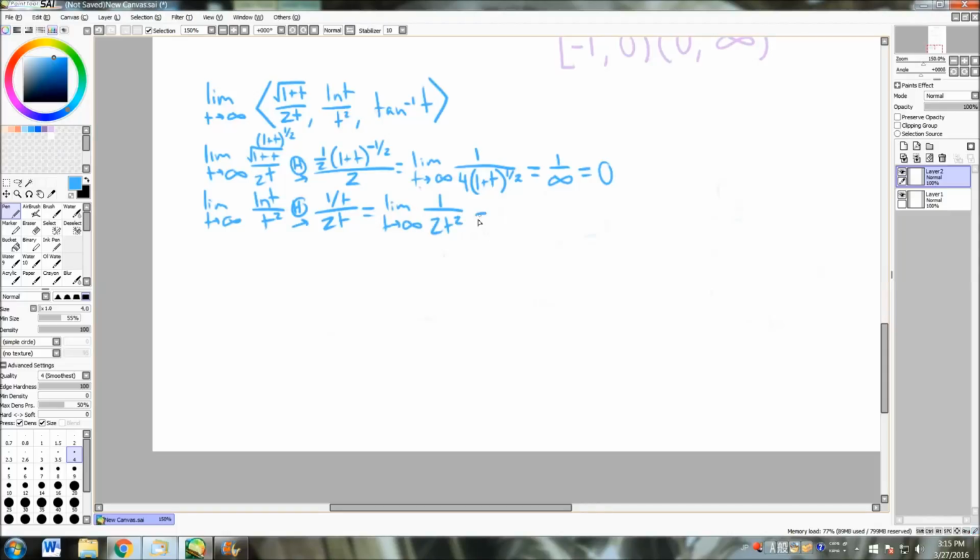Plugging in infinity, that gives us also 0. Last one, the limit as t goes to infinity for arctan of t, as we know, equals pi over 2. So to write the limit of this vector, we can just express it as the first limit, comma, second limit, comma, third limit. That's the limit of this vector.